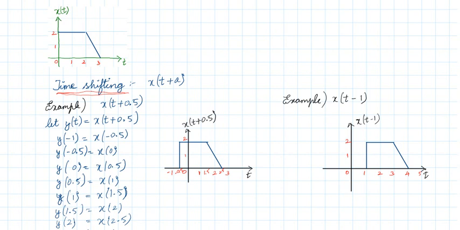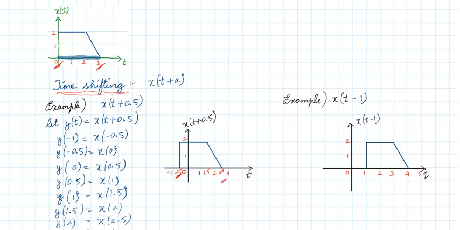If you observe closely, this part will be advanced. Look at where it is starting and ending: it starts at 0 and ends at 3. Instead of starting at 0, it will start at minus 0.5, and instead of ending at 3, it will end at 2.5.